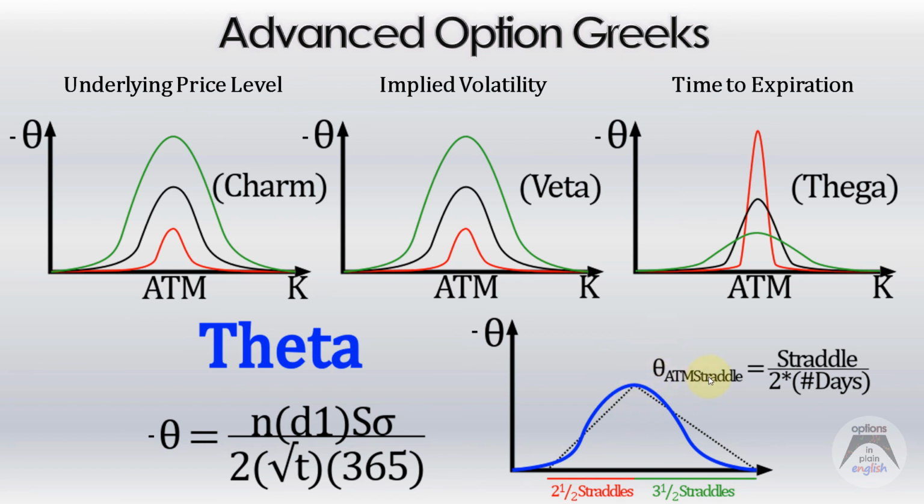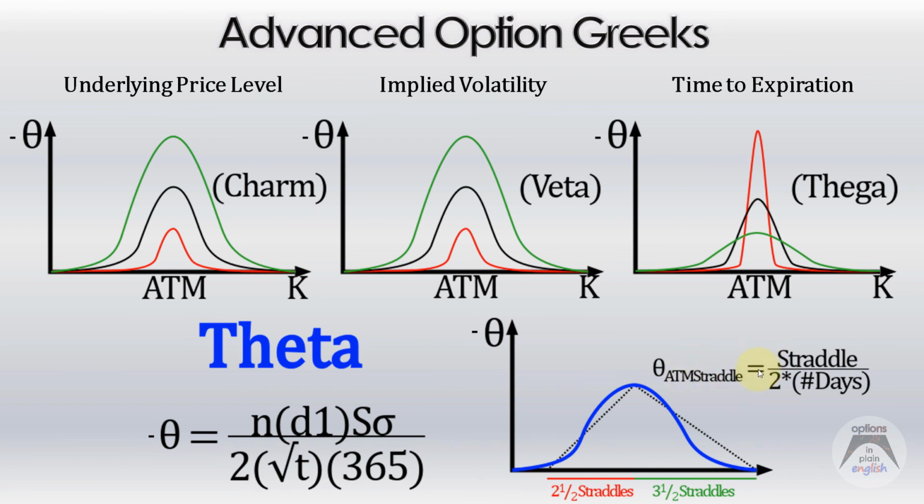So the at-the-money straddle, again, we can calculate the theta of the at-the-money straddle. Remember, the at-the-money straddle has the strike price right at the money, and it's a short or a long call and put.